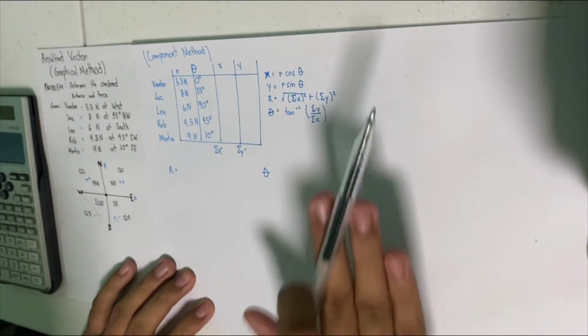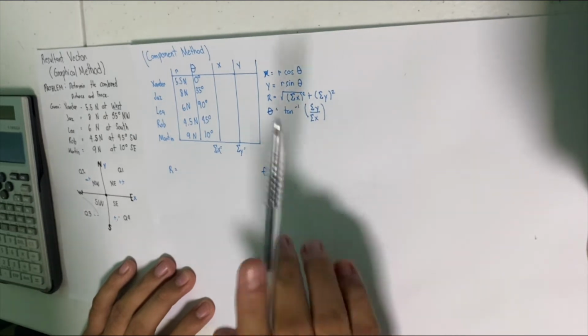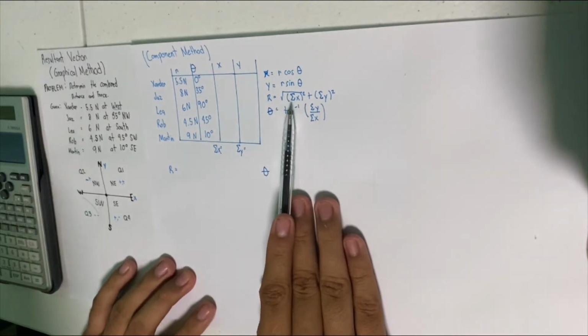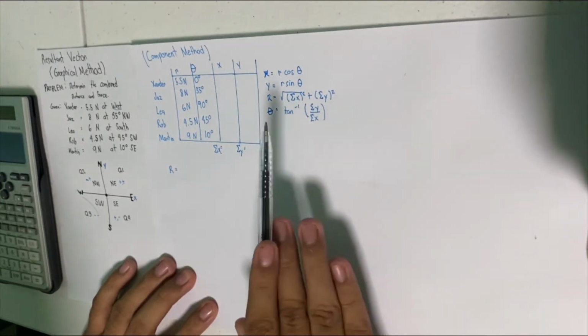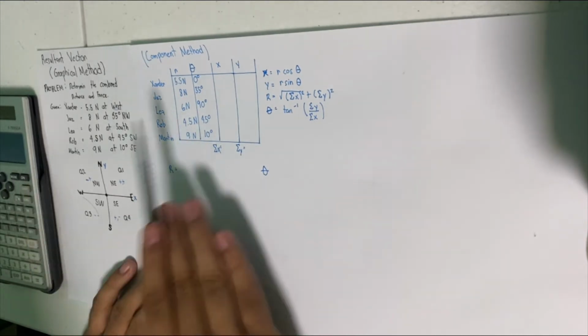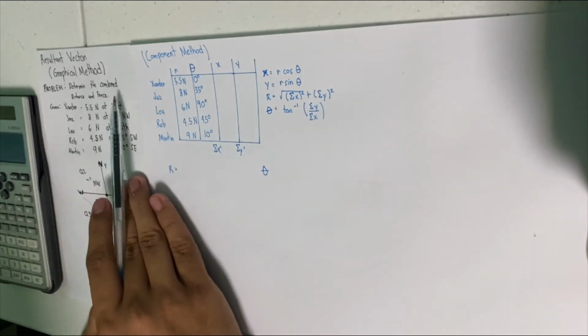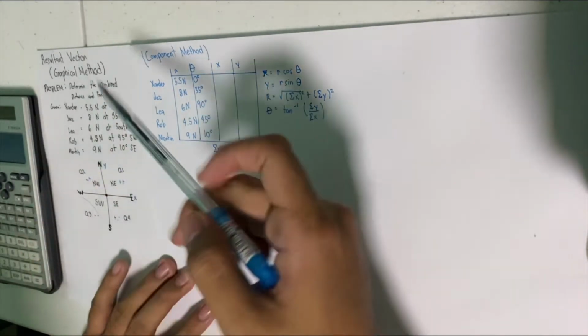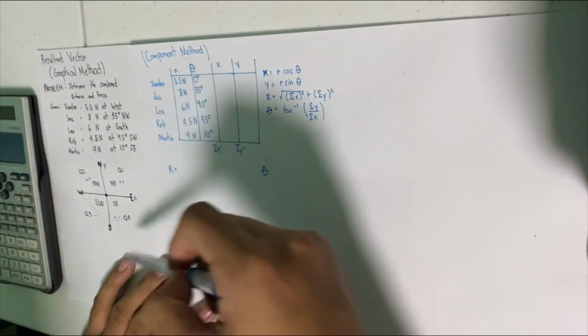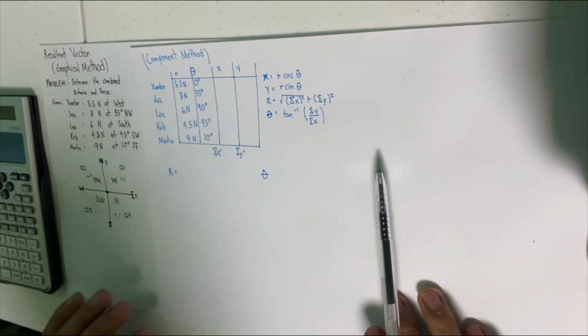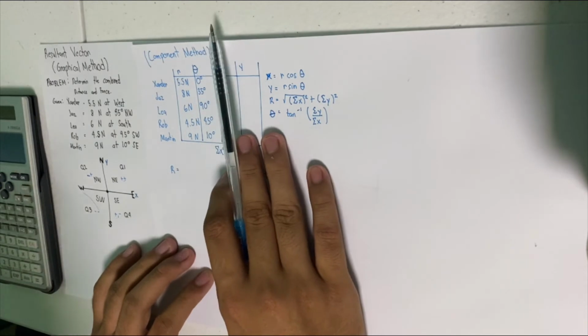I wrote down the different formulas we need for this method, and I didn't remove the sheet of the graphical method because it is the reference for us to solve this component method.